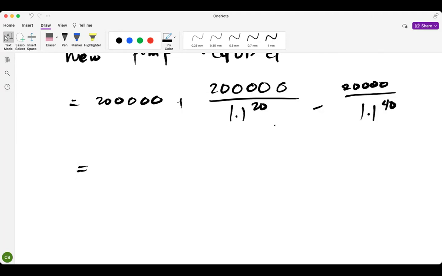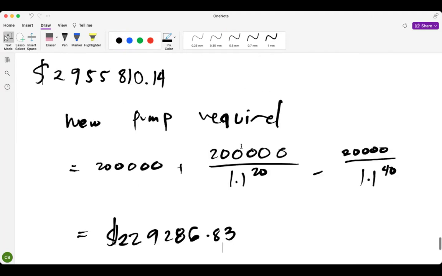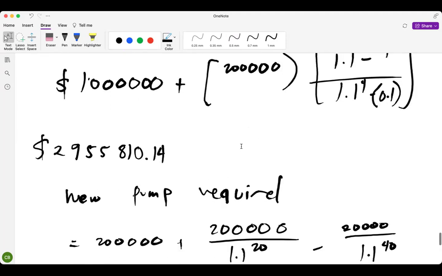That would be 29,286.83 plus 200,000, which is $229,286.83. So this would be your additional cost for that one.